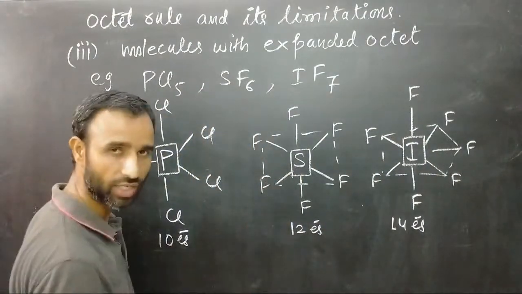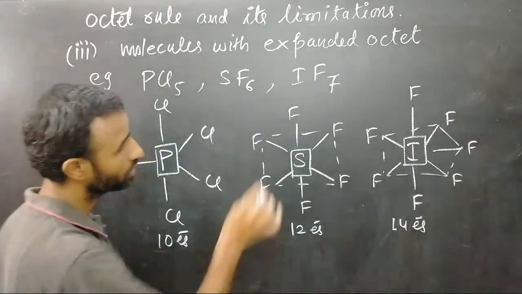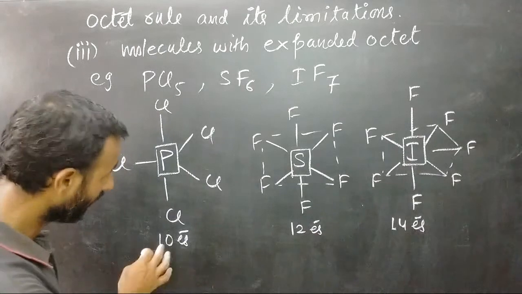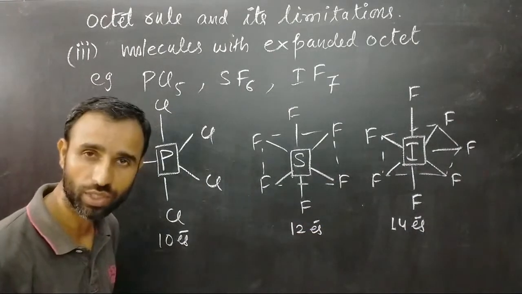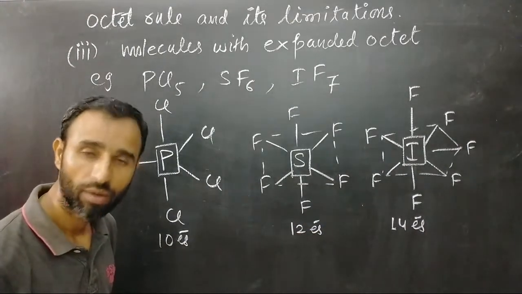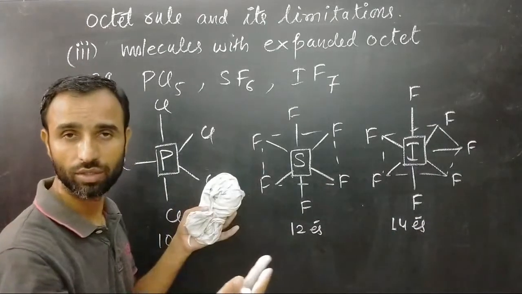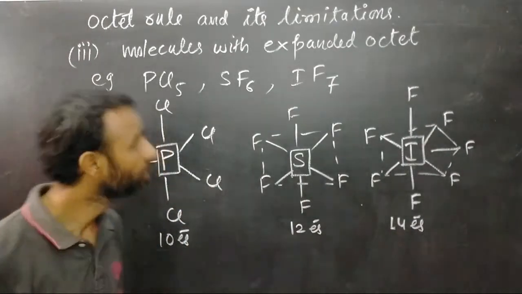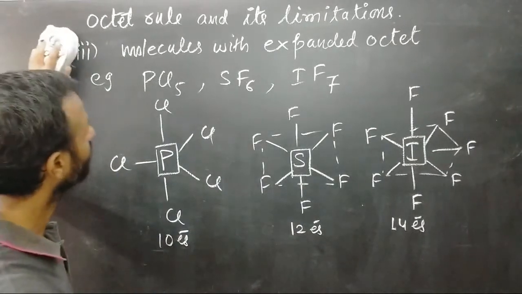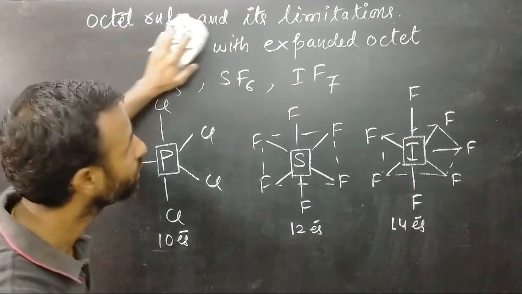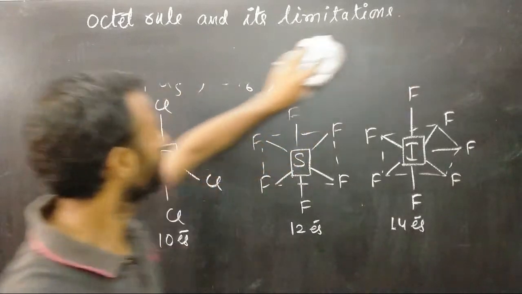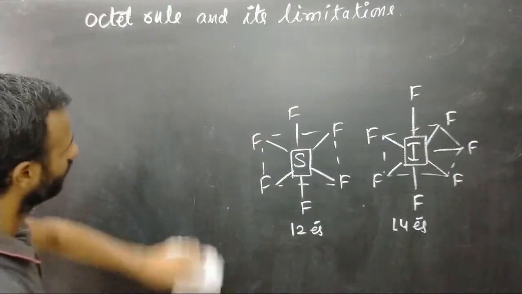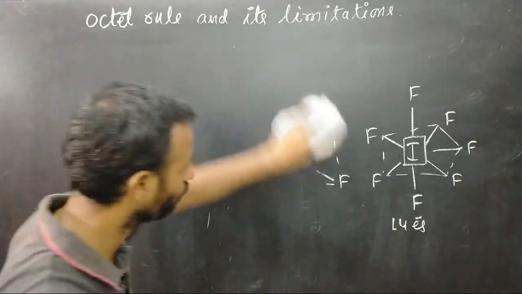They have more than 8 electrons in their valence shell, but they are stable and they do exist. So this is the third category of molecules which do not follow the octet rule.